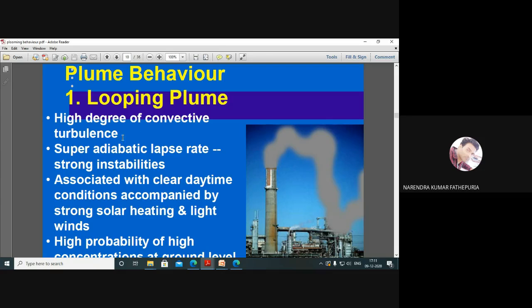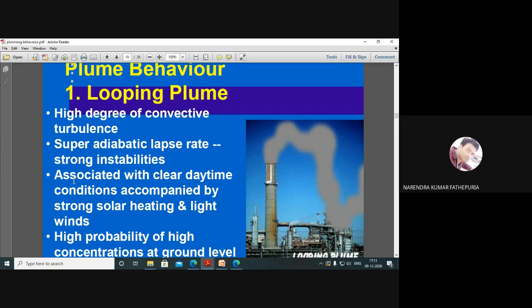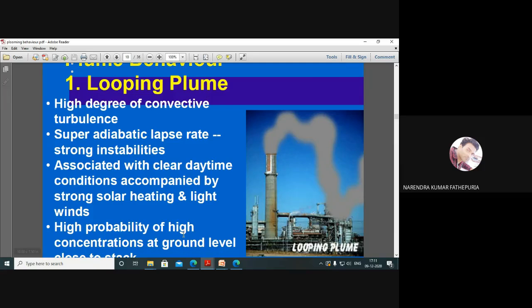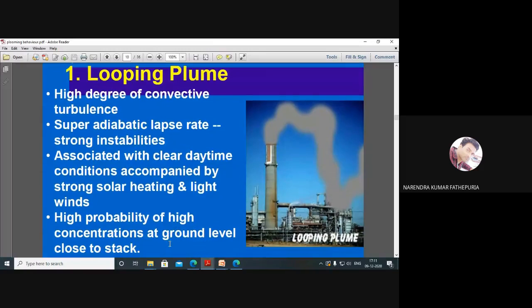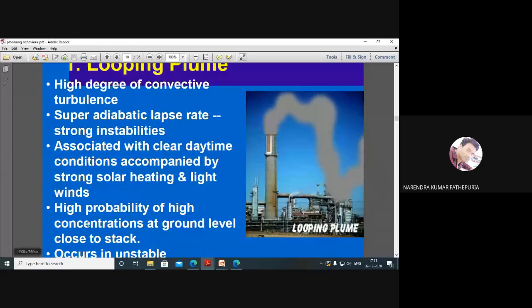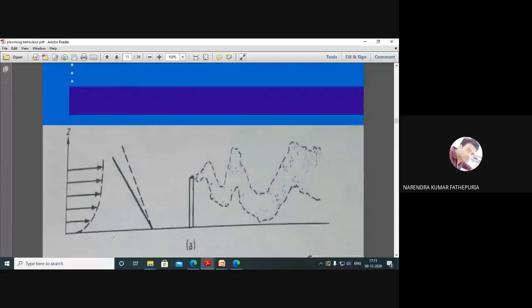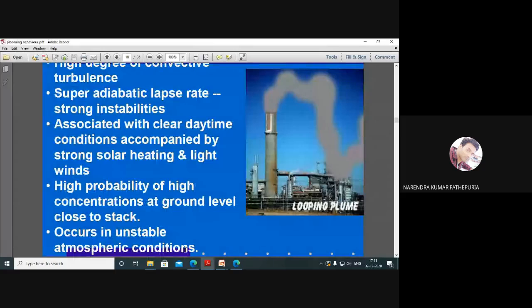It has a high degree of convective turbulence, super adiabatic lapse rate, strong instabilities, associated with clear daytime conditions, accompanied with stronger solar heating and light winds. There is a high probability of high concentration at ground level close to the stack. This occurs in unstable atmospheric conditions.